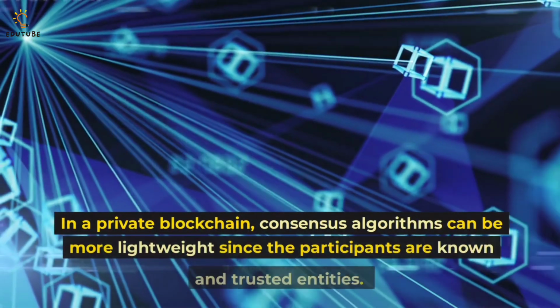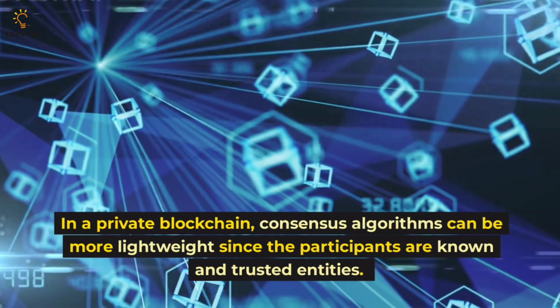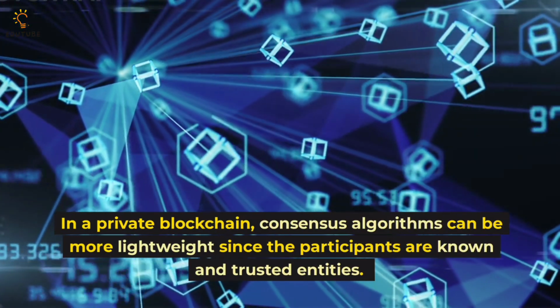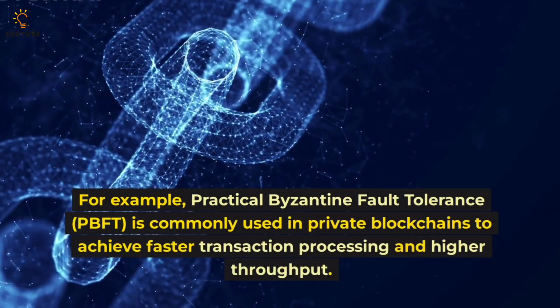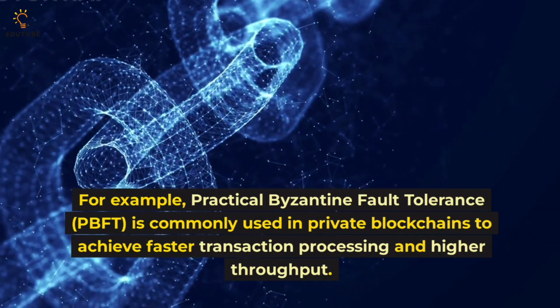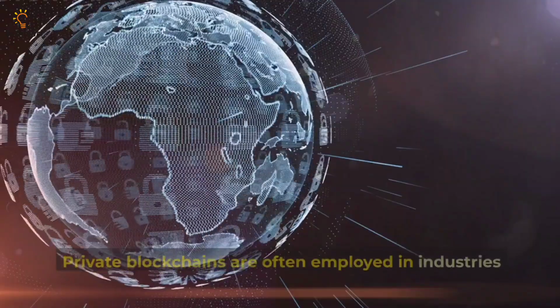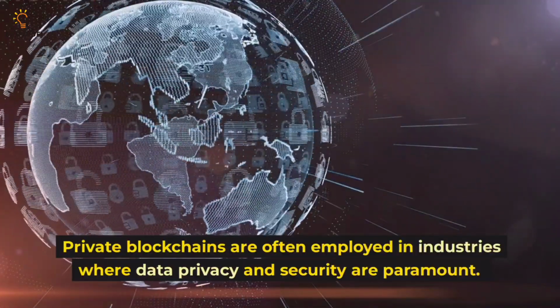In a private blockchain, consensus algorithms can be more lightweight since the participants are known and trusted entities. For example, practical Byzantine fault tolerance, PBFT, is commonly used in private blockchains to achieve faster transaction processing and higher throughput. Private blockchains are often employed in industries where data privacy and security are paramount.